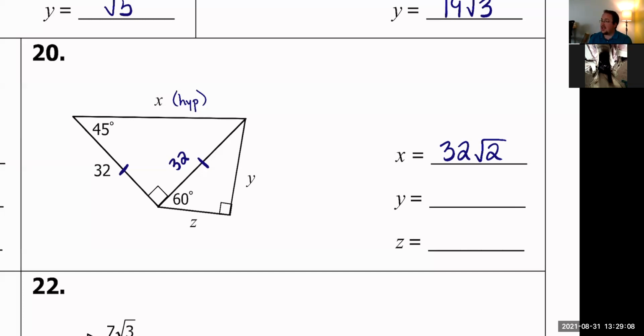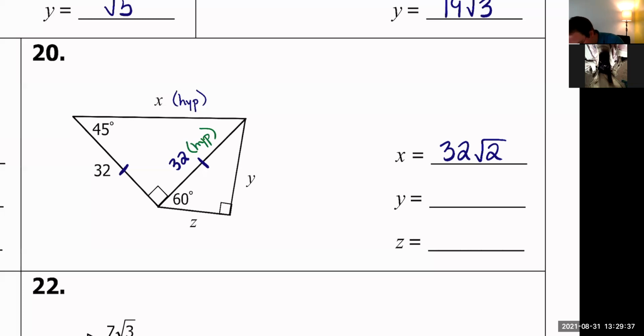We now need to shift gears and look at the 30, 60, 90. In that one, what side do I know? I know the hypotenuse. Yes, it was the leg earlier in the 45, 45, 90, but we already finished the 45, 45, 90. I'm not looking at that triangle anymore. So now this is my hypotenuse.